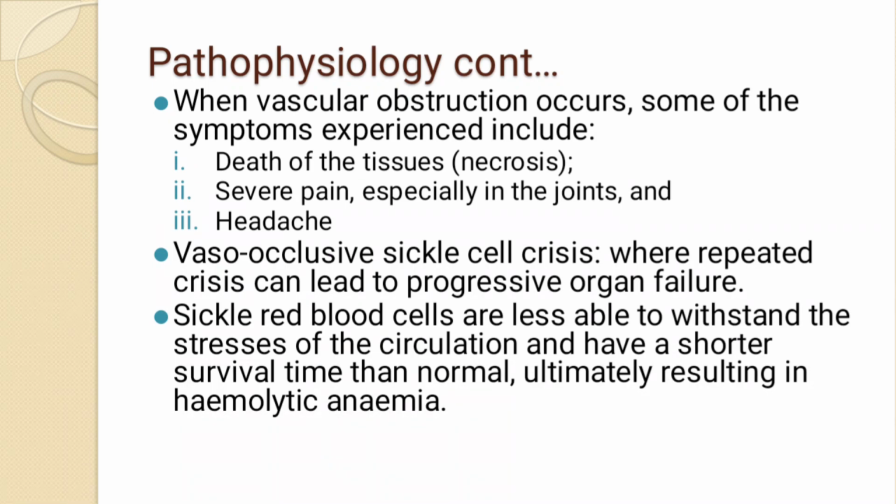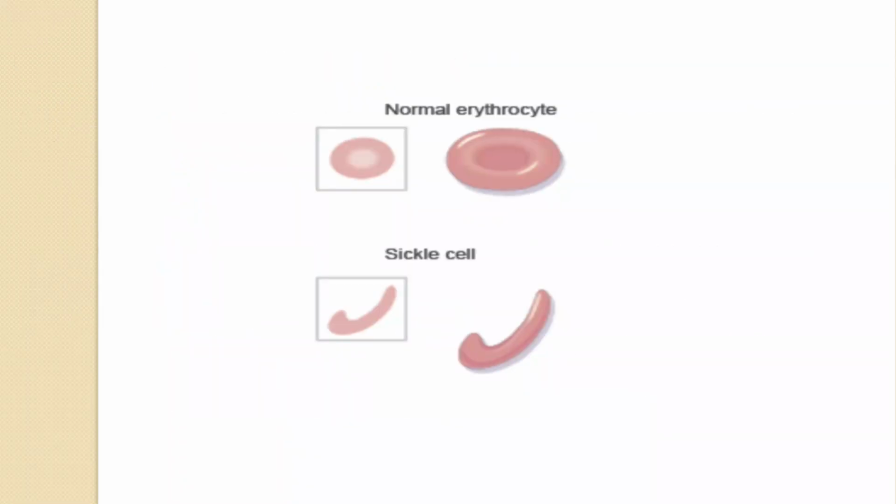Sickle cells are less able to withstand the stresses of circulation and have shorter survival than normal cells, ultimately resulting in hemolytic anemia. So we have a picture there of the normal red blood cell or erythrocyte and a sickled one.